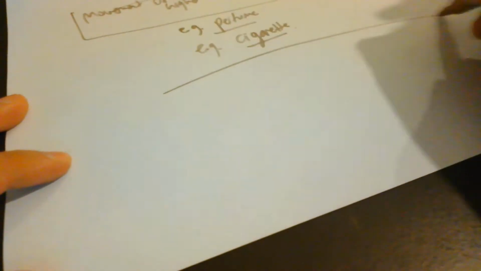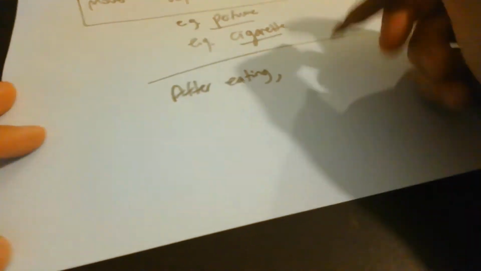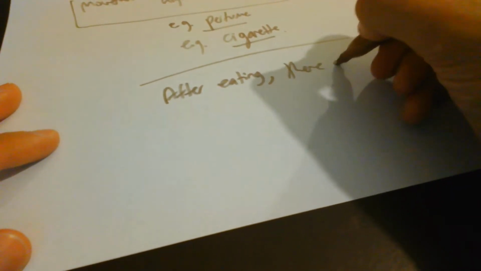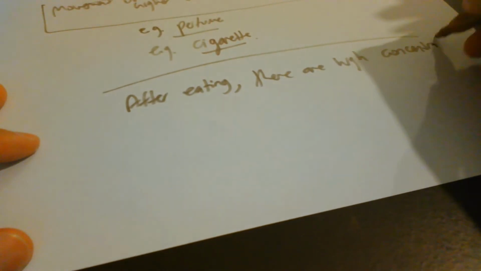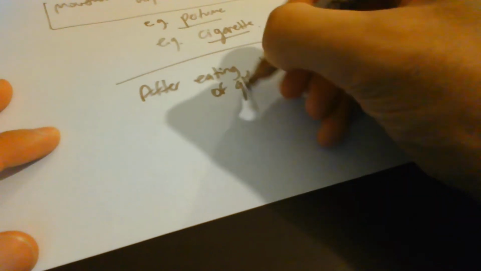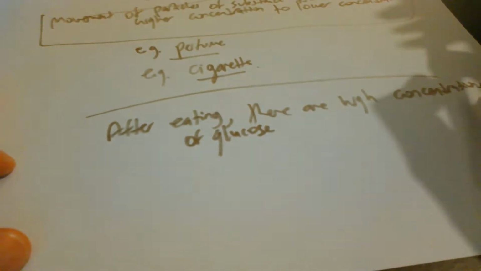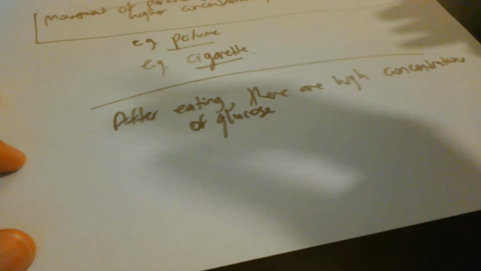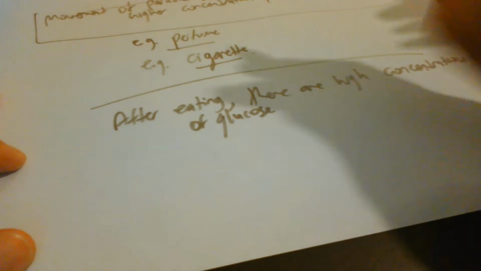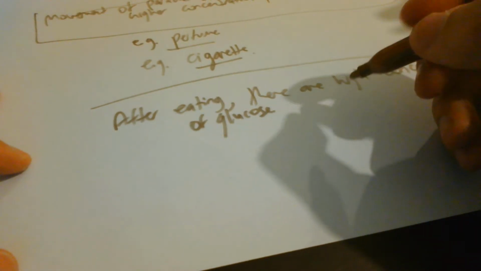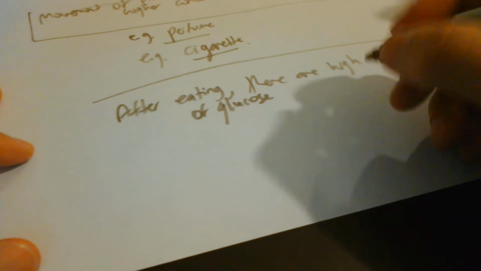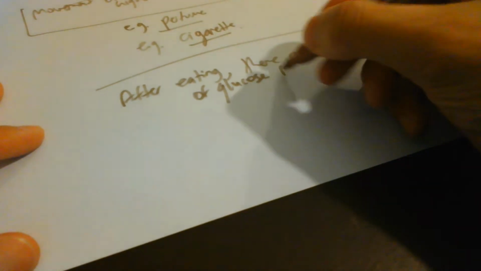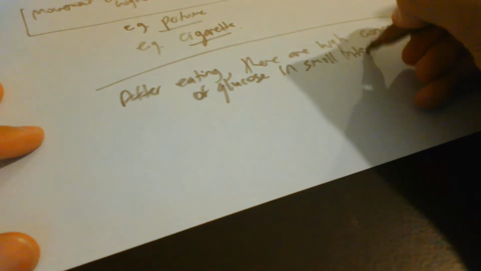So in the context of digestion, after eating, there are high concentrations of glucose. Let's say you're eating some bread, and obviously the bread is in your mouth. So there's a high concentration of glucose in the small intestine, let's say.